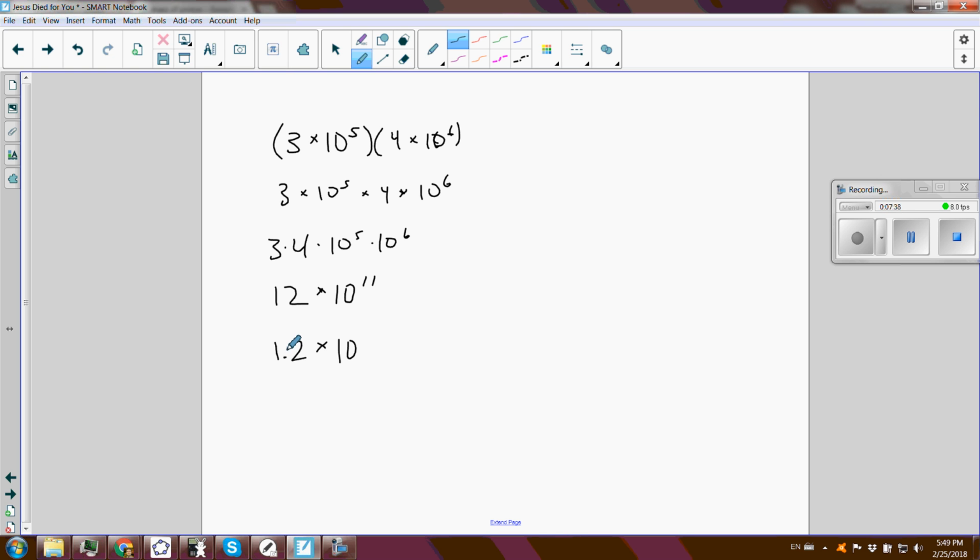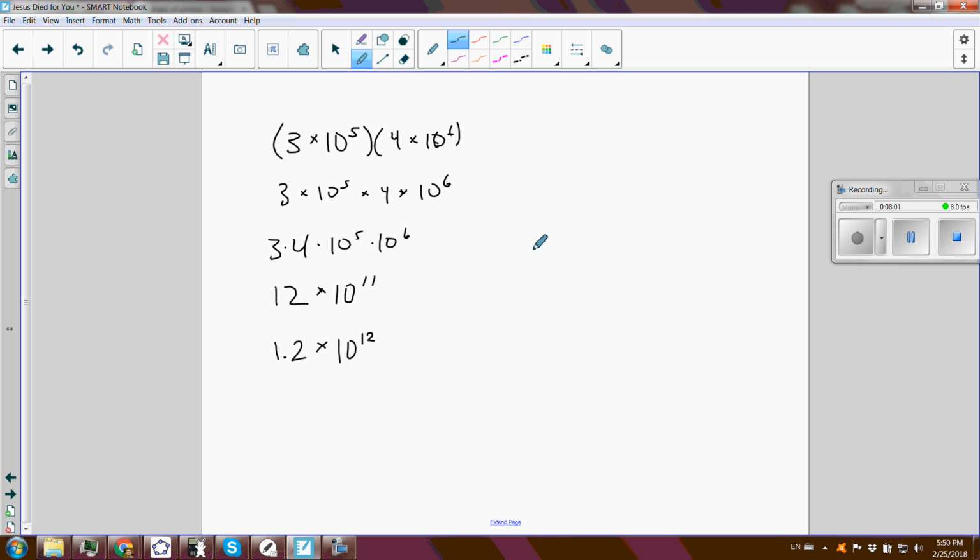So to counteract that, I need to multiply the 10 to the 11th by 10 again. So it will now be 10 to the 12th. It makes sense, because multiplying 12 times 10, 11 times is the same as multiplying 1.2 by 10, 12 times.